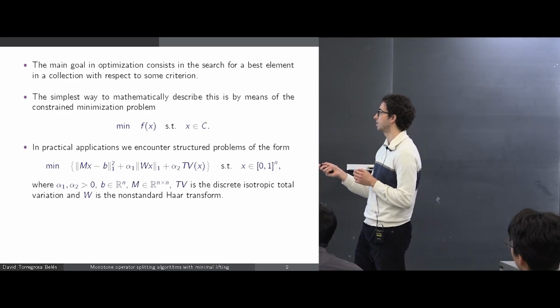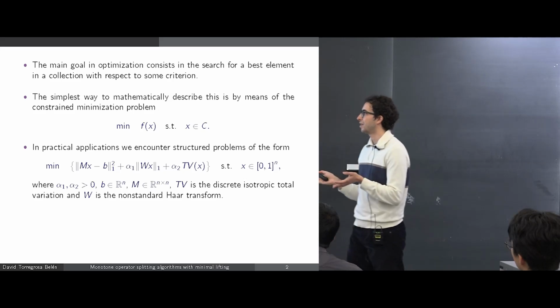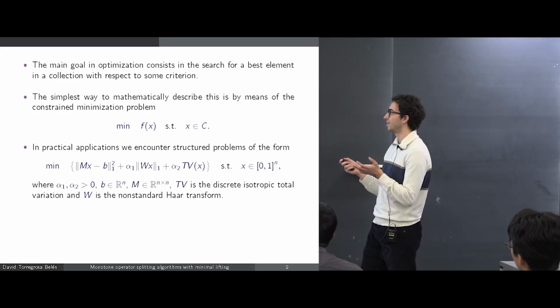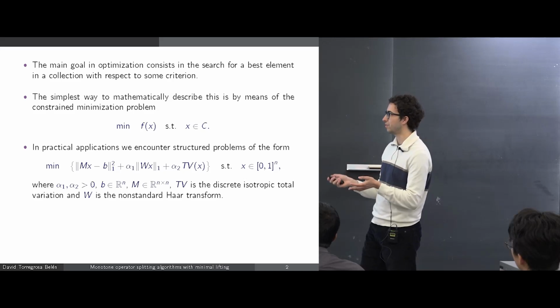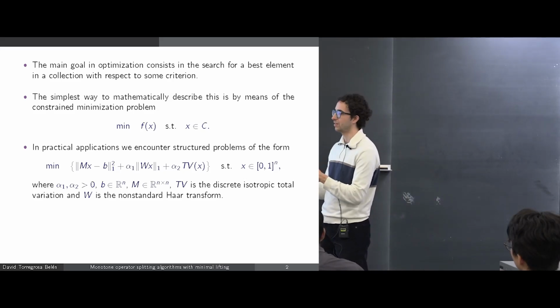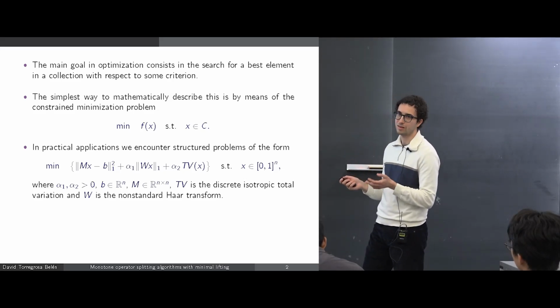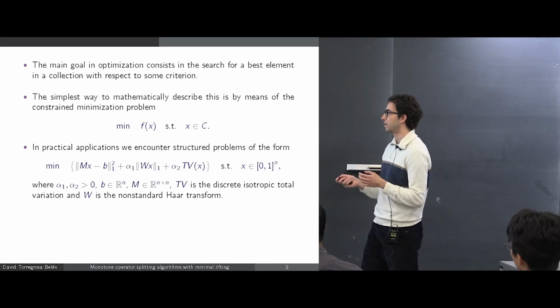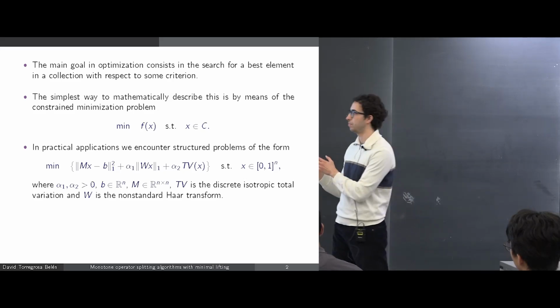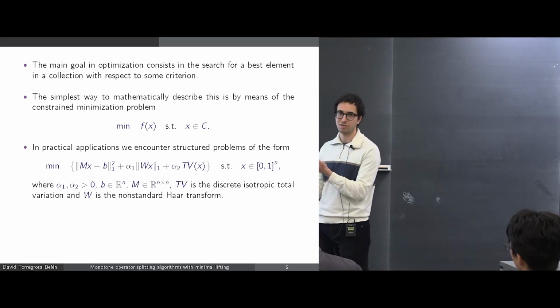The set here is a box constraint, and then our function f in this case is all this term here. The thing that I want to convey is that it doesn't have a simple structure, but it's given by different terms, and each one of these terms has different properties. And when we want to solve this numerically, it's important to be able to take advantage of the properties of each term. So it's not useful to consider all this as a single function.